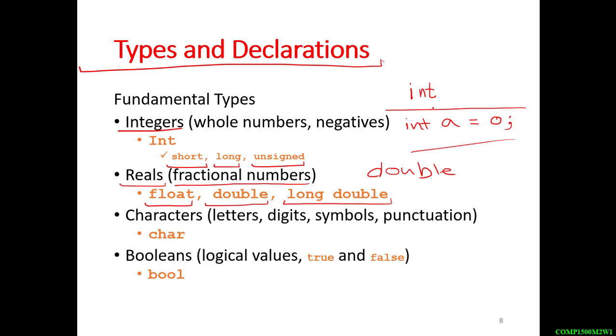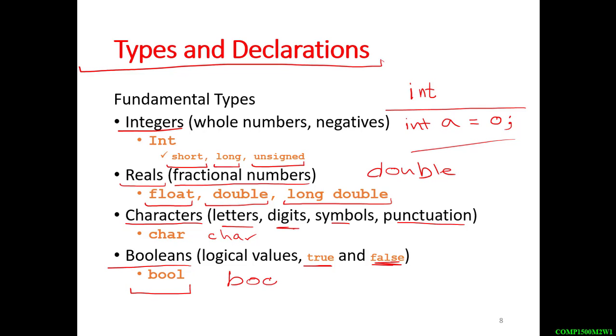Then we have characters, which are letters, digits, symbols, punctuation, and we declare them as char. The final type is booleans, and we have logical values. They have either true or false, and they are declared as bool.